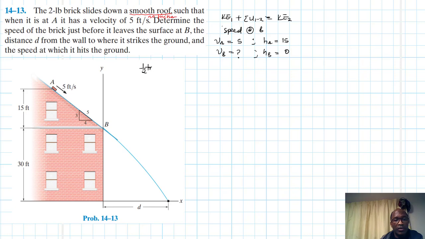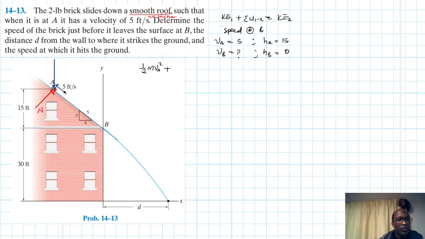So we have half M VA squared plus the total summation of the work. When you look at this, let me draw the free body diagram. We do have the weight acting through the center of gravity, and then we have the normal force.